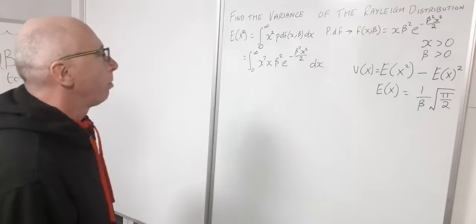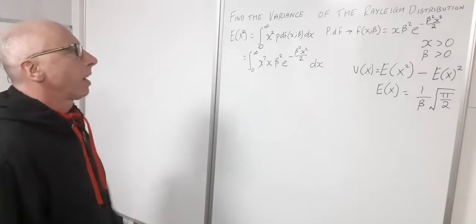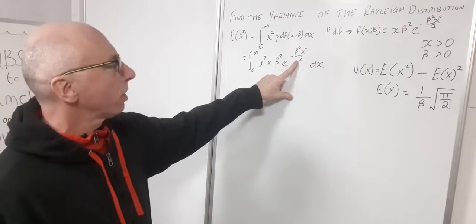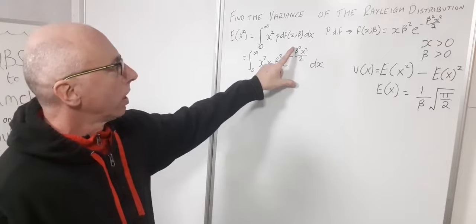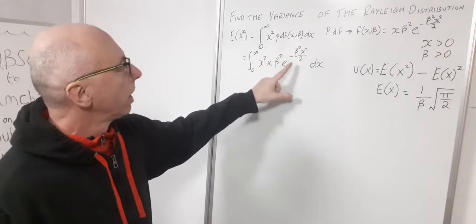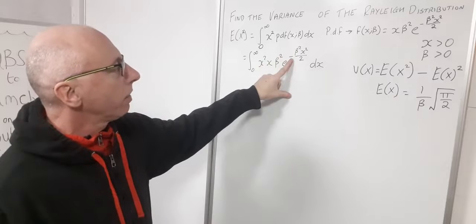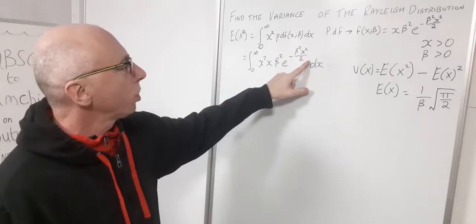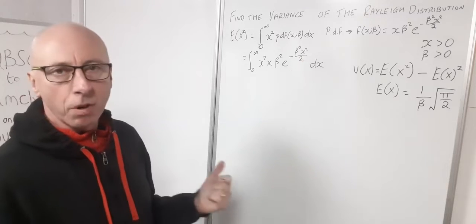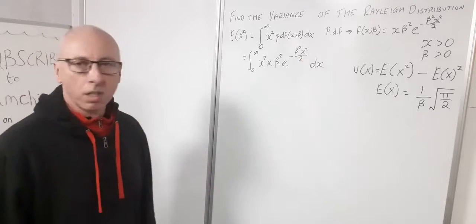This looks really complicated. So the usual place to start is with what's inside the exponential when you've got an exponential function. Now the beta squared, that's just a constant multiple, and the minus I'm going to leave. So I'm going to do a u substitution. I'm going to let u equal x squared over 2 and go from there. That's going to be my first place to start.